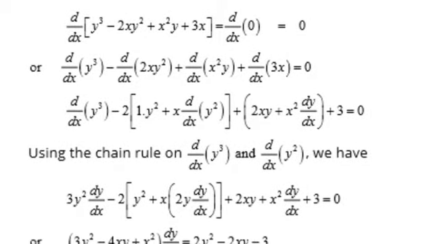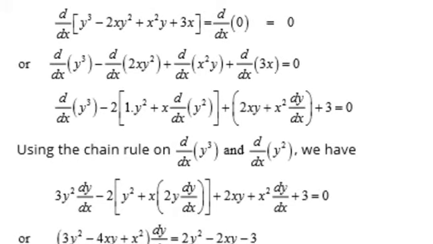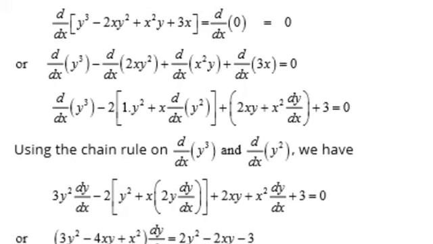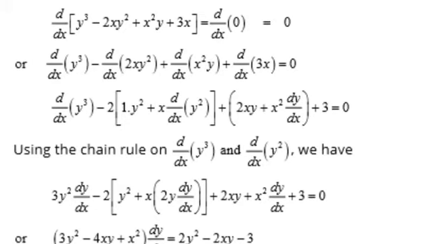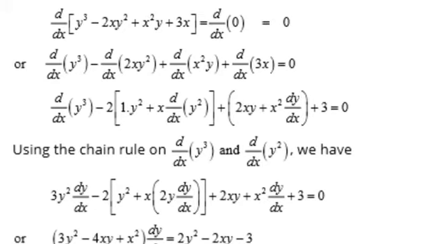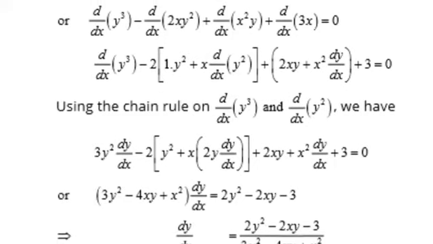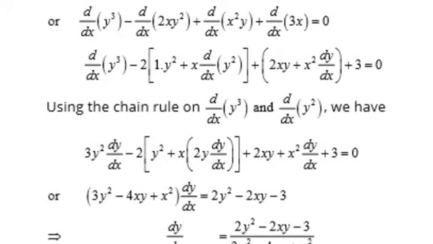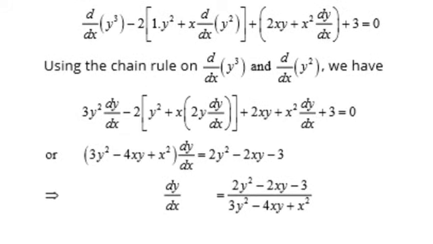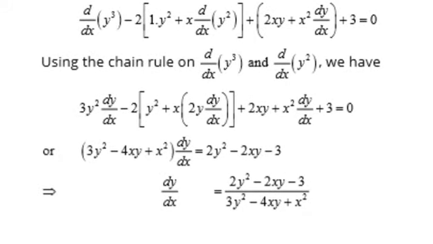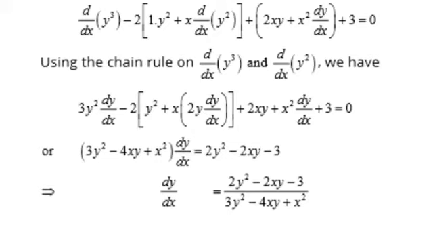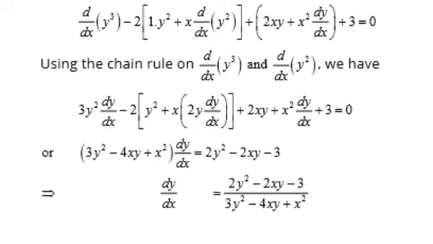Again we have a product form, x square y: the derivative of x square is 2x, y is the same, plus x square, the derivative of y is dy by dx, and the derivative of 3x is 3 because the derivative of x is 1. Now the derivative of y square is 2y dy by dx. Now we arrange these equations: we keep the dy by dx terms on the left hand side and move the other values to the right hand side, and here we find the value of dy by dx.